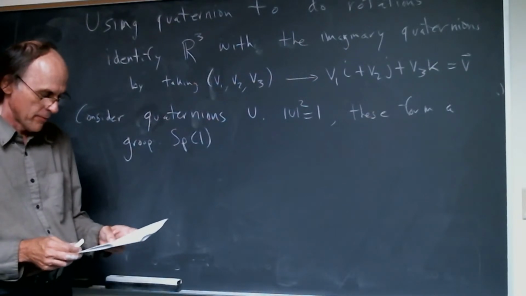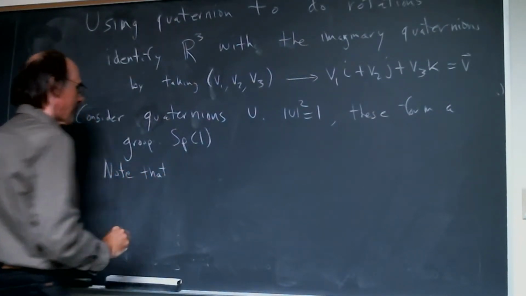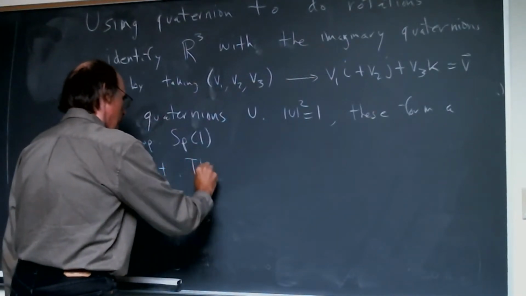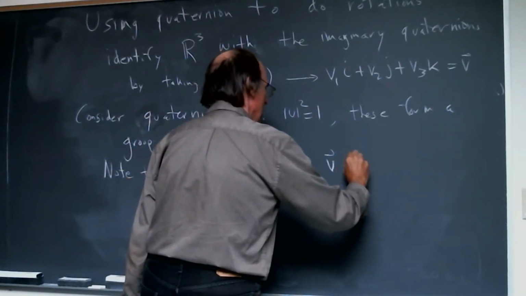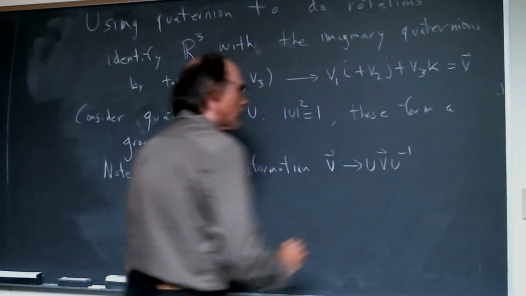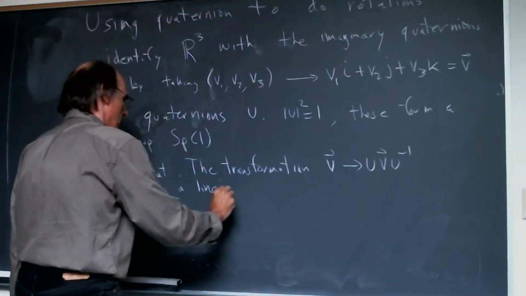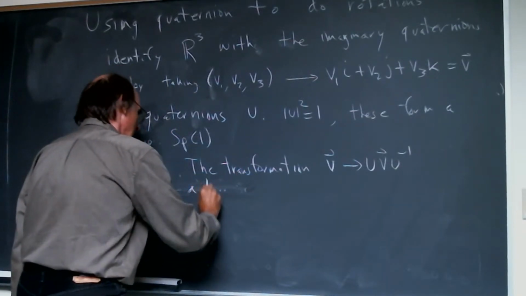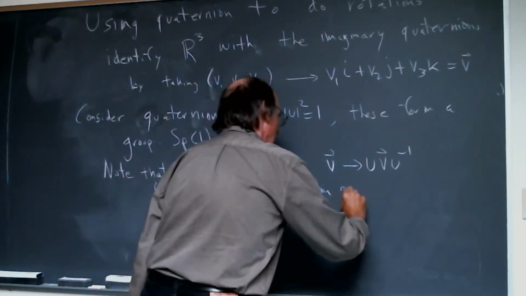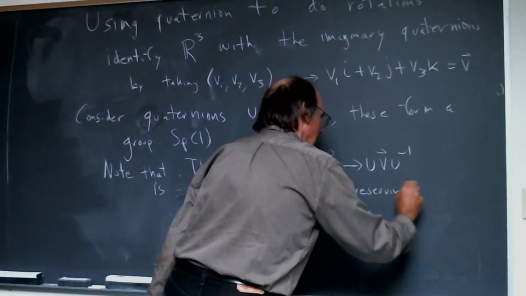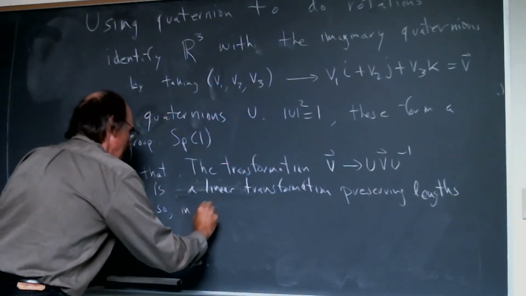Okay, then what you have is a map. You have to check that the transformation taking v vector to u v vector u inverse is a linear transformation preserving length, so in SO(3).